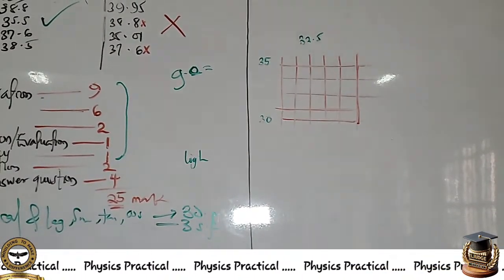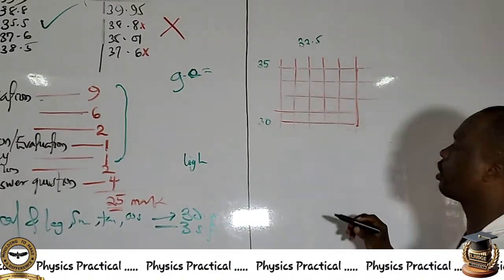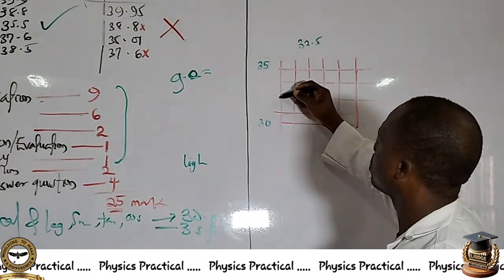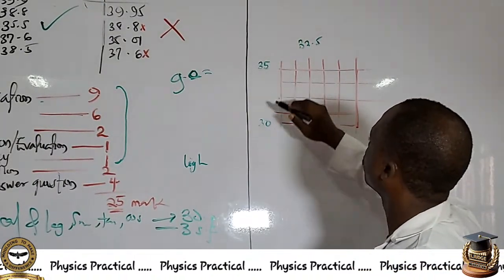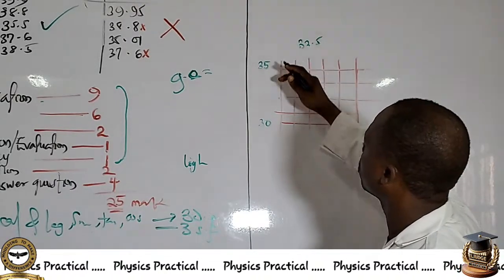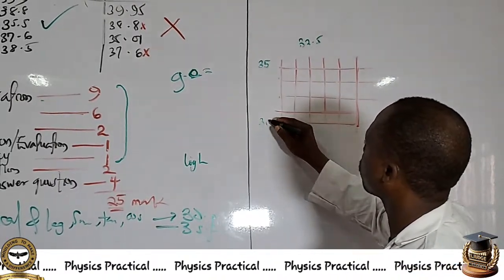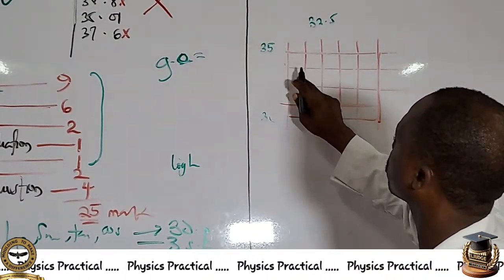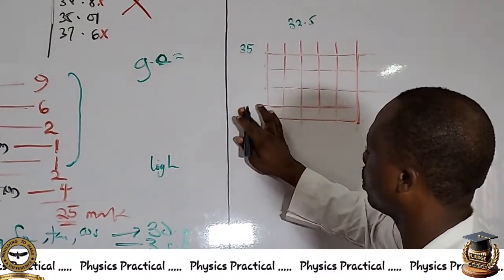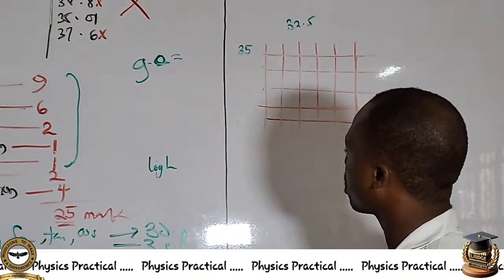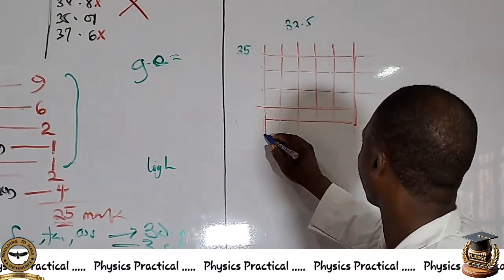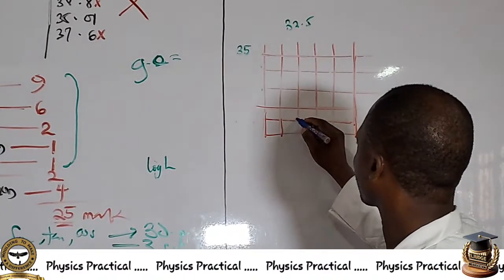So if I'm going to take this point, 32.5, this is 31, this is 32, this is 33. Oh, this should be 30. Let's say this is the square box now.